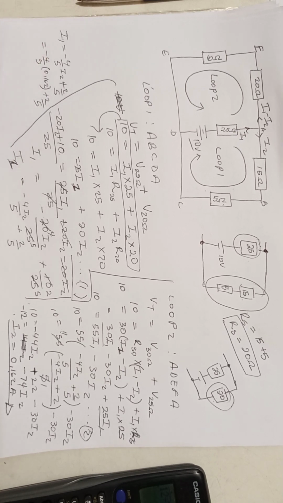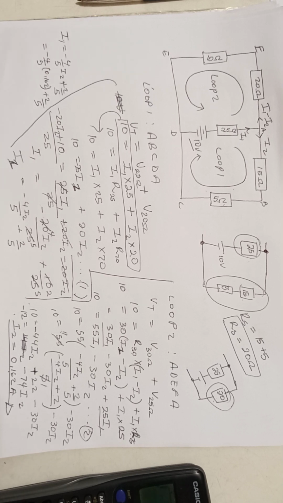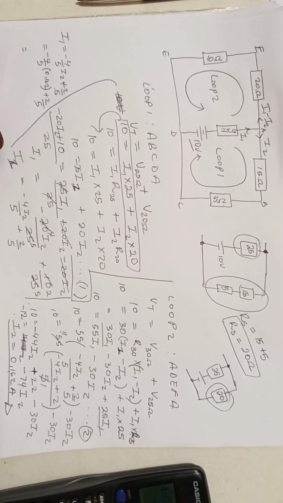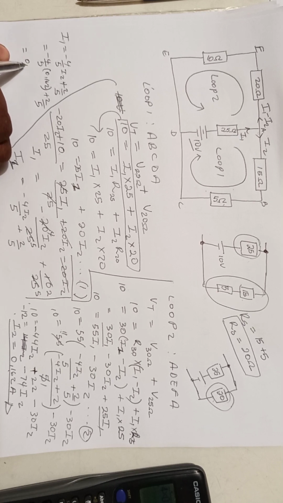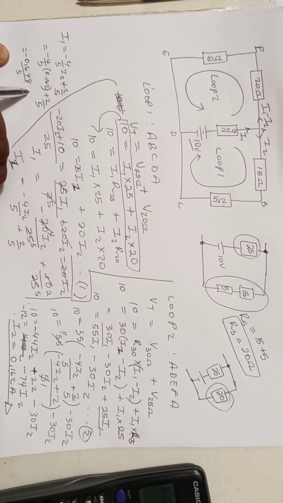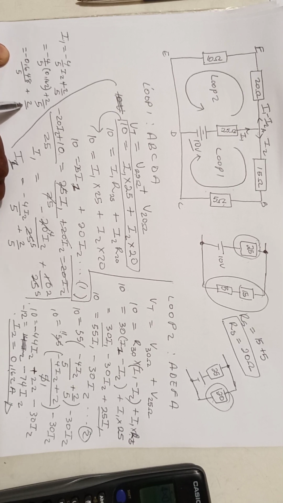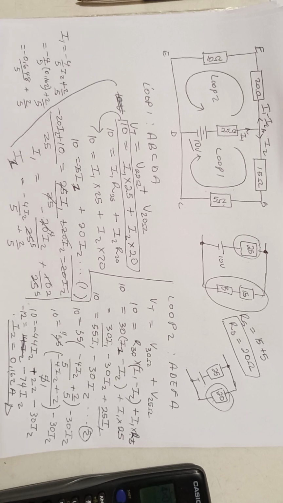So this one multiplies there. So 4 times 0,162 is gonna be 0,648. It's gonna be minus 0,648 divided by 5 plus 2 over 5.